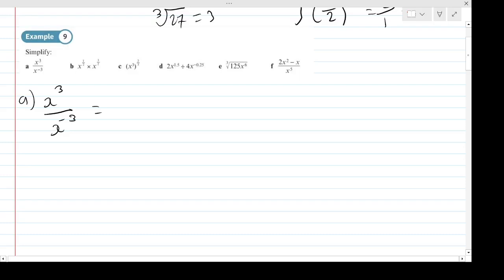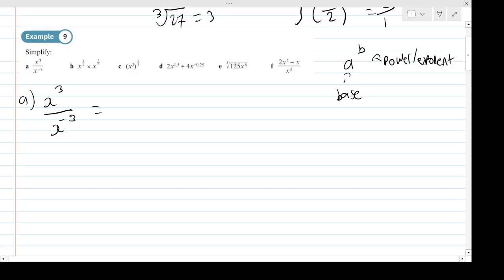Well, it's the index laws that we looked at last time. So if we're dividing the same base, which is x, and as a reminder, in a to the b, we call a the base, and the power it's raised by, the power or the exponent, okay? That's just a little reminder of the language you use.